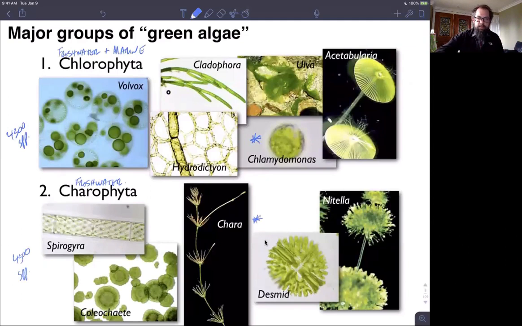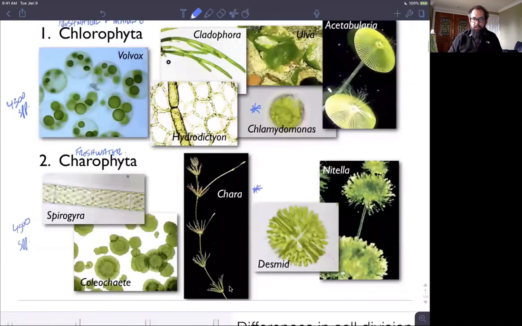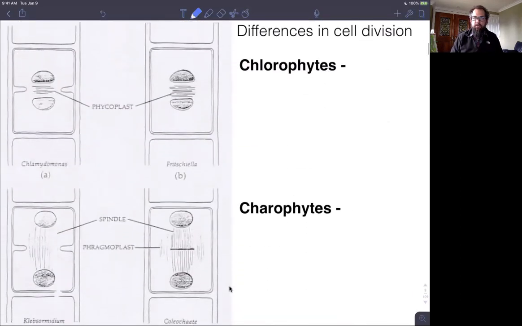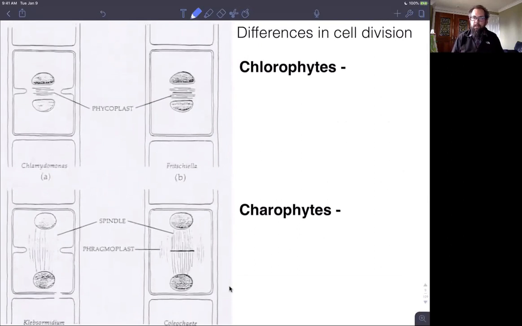One of those differences that I want to highlight is a difference in the cell division in these 2 groups. In the chlorophytes, when their cells are dividing in mitosis, they divide using something called the phycoplast. What a phycoplast is, is when the nuclei are separated by equatorial microtubules.